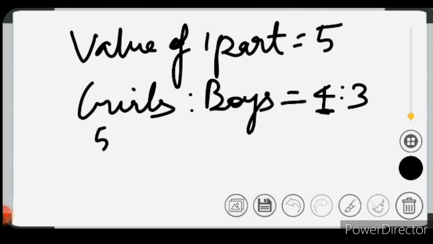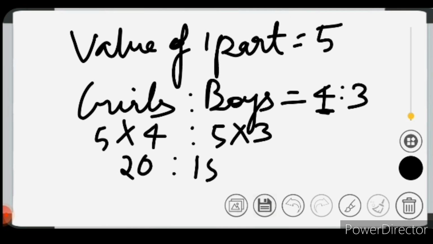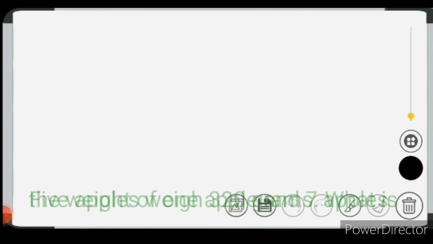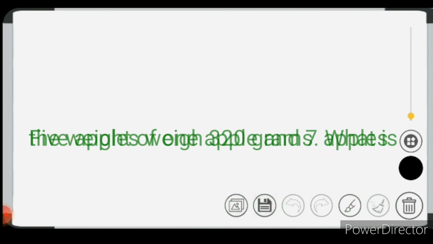So I'll multiply 5 into 4, and boys is also 5 into 3. So this is 20 and this is 15. So basically you have 20 girls and 15 boys. So therefore, there are 15 boys. Understood, everyone? So this is the way you have to do it. Nothing else, students. Only this you have to do properly.